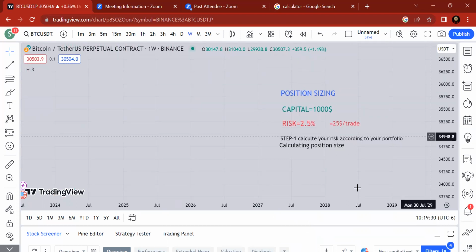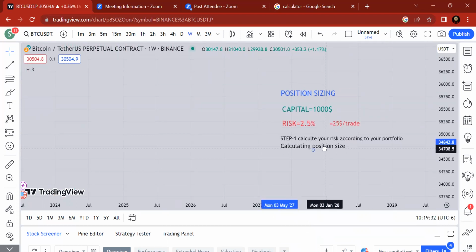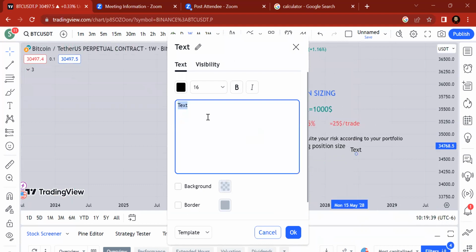So I know that for any position you are taking, for the calculation, you need the stop loss percentage. You needed that for step two.